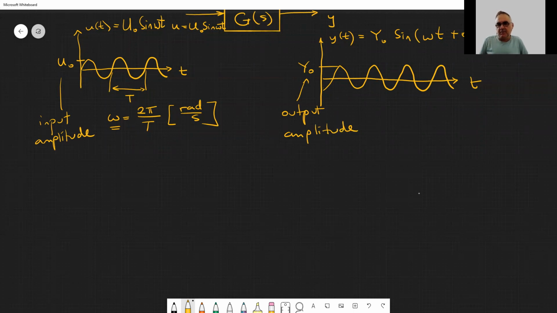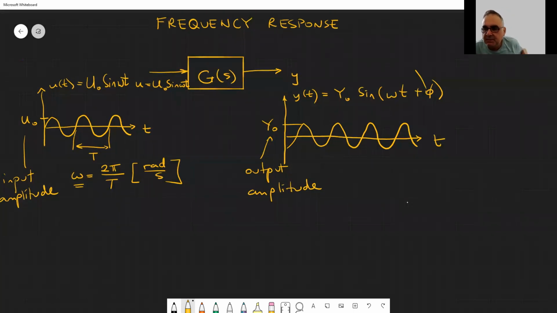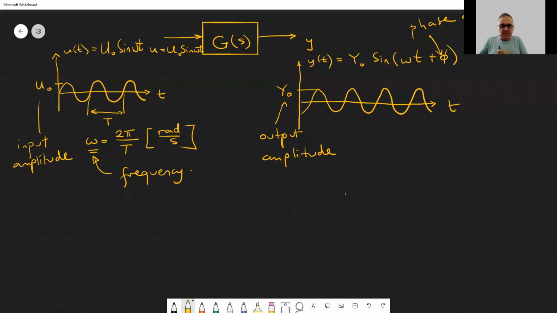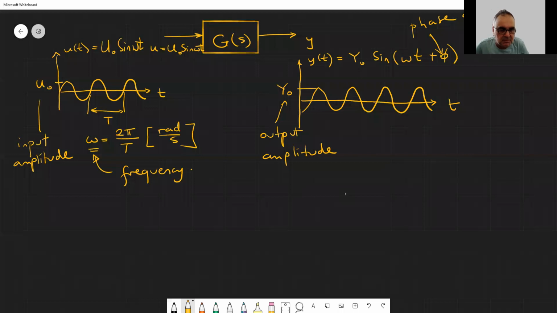And phi is called the phase angle. And omega, as you know, is the frequency, circular frequency or frequency. Now, we say that the steady state value of the output signal will be some y0 sine omega t plus a phase angle.